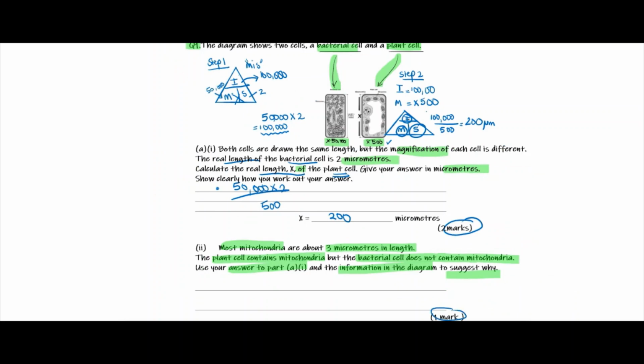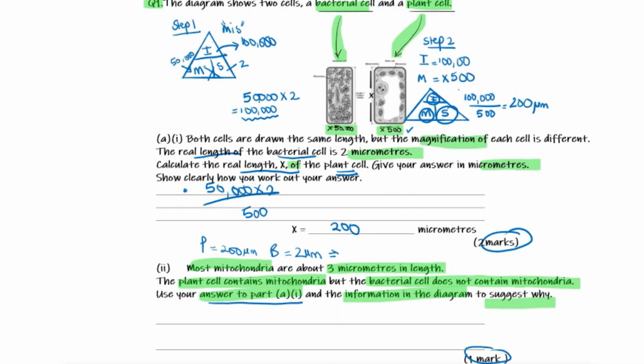If we look at the answer in part A1, it shows us that the plant cell is 200 micrometers and our bacterial cell is 2 micrometers. So straight away we can see that the bacterial cell is much smaller than the plant cell.